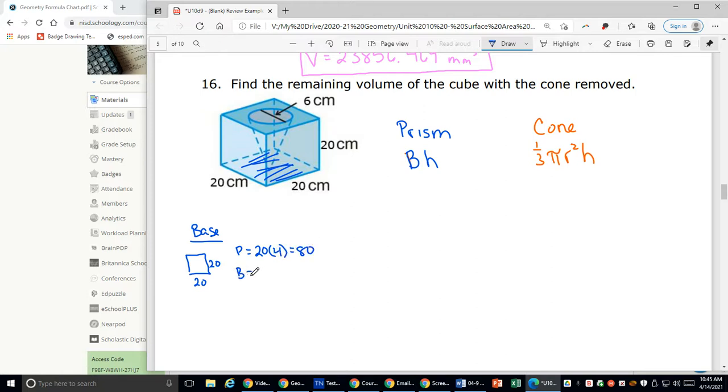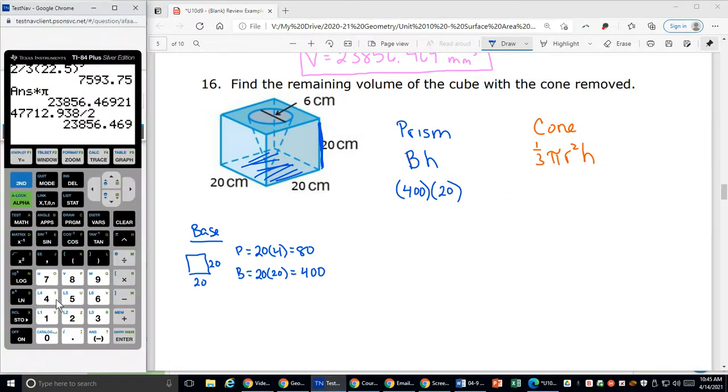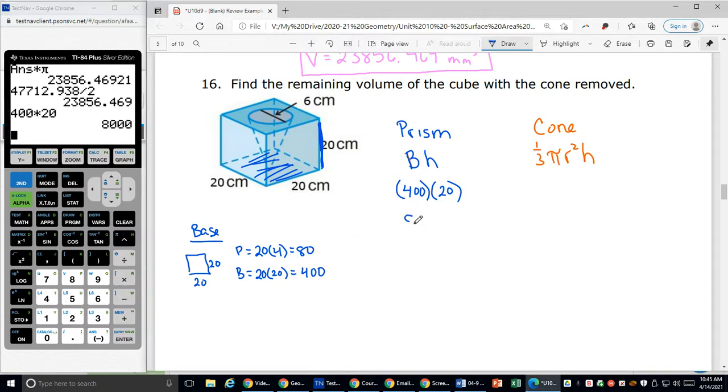And the area of my base is 20 by 20, which is 400. The height of my cube is 20. So then 400 times 20 is 8,000. So that is the volume of the prism with the cone still in it.